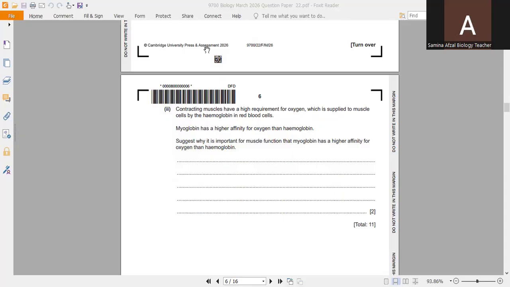Oxygen storage: myoglobin acts as an oxygen store within muscle fibers, holding on to oxygen even at a low partial pressure where hemoglobin would release it. So myoglobin will only release its oxygen during periods of strenuous exercise or low oxygen concentrations, or when the muscle cells run out of the oxygen from hemoglobin, delaying the onset of anaerobic respiration.